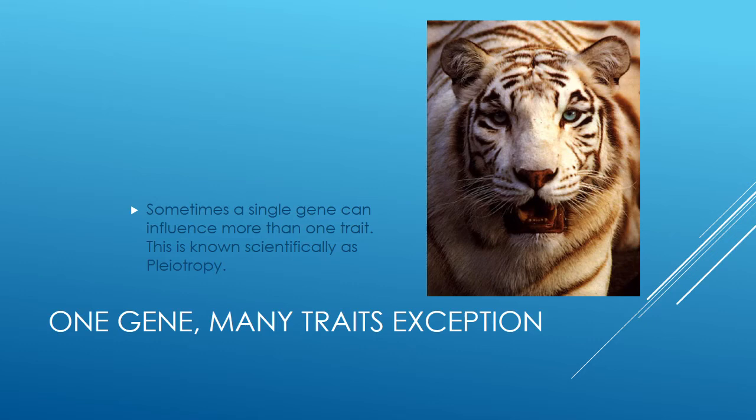So if you get a cat, a white, in this case a white tiger, and it has blue eyes, I mean it'll generally end up having blue eyes, and it will also unfortunately be most likely deaf. It's sort of just a combo that happens with just this one gene influencing several different things. All right. This is also known as pleiotropy. That's a scientific term, pleiotropy.